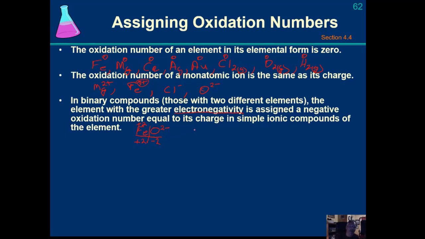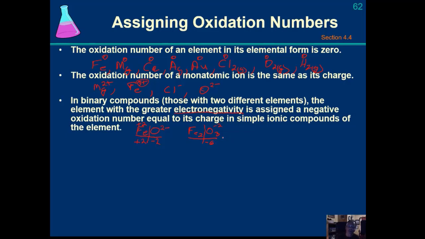What if I had iron, got 2 of them over here, and I've got 3 oxygens. So I'm going to do exactly the same thing. I'm going to split these up. Oxygen is the more electronegative, so I'm going to give it its charge in simple ionic compounds, which is -2 or 2-. 3 times a -2 is a total negative charge of -6.